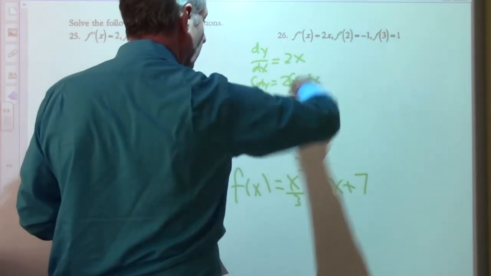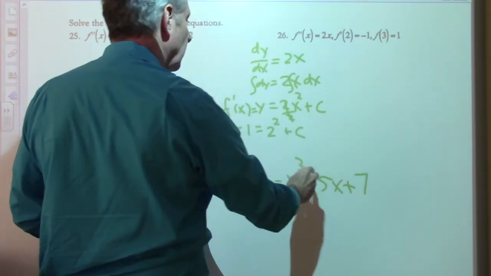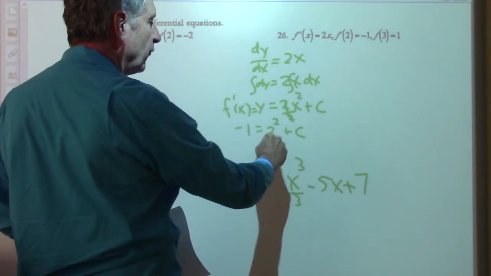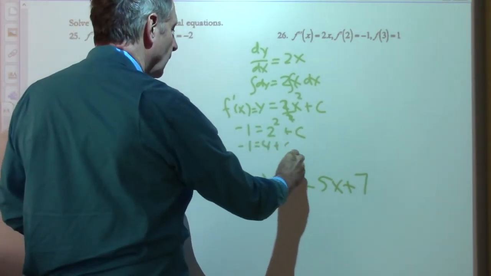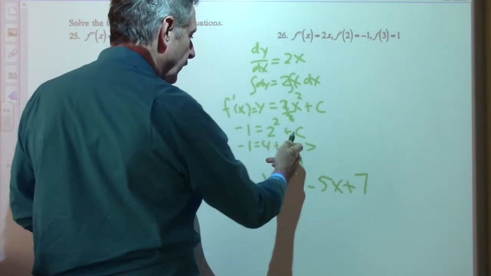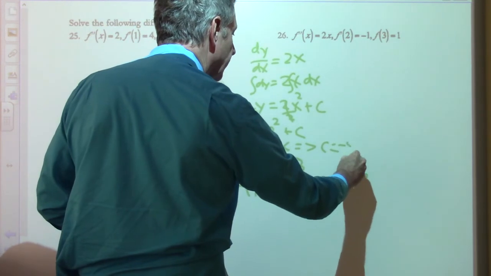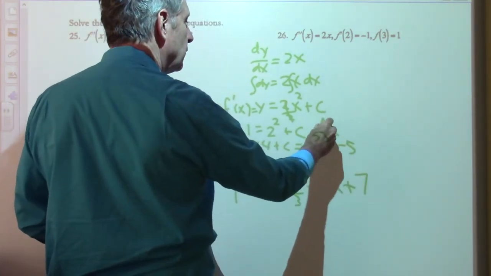Replacing that x here with 2, plus c. And then we're going to subtract, so we have -1 equals 4 plus c. So therefore, subtracting 4, we have c is equal to -5. So now we take this -5 and go right here like this.